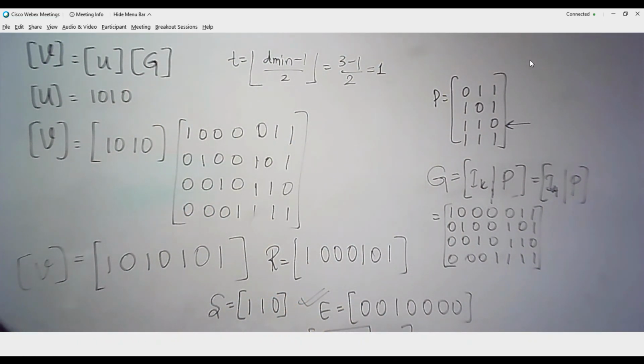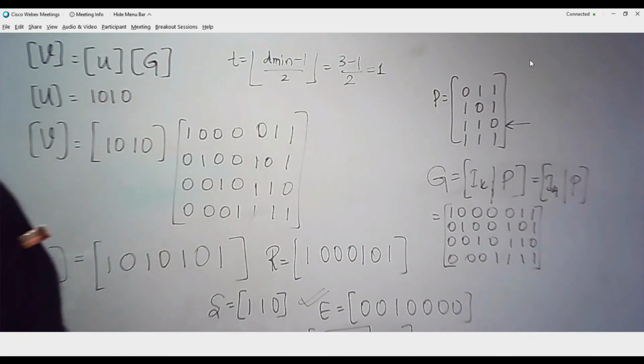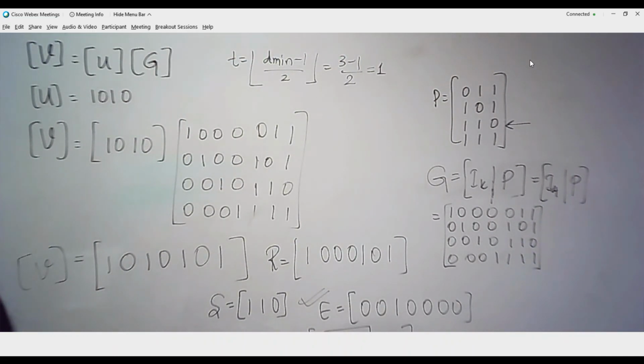So this is how to construct a single error correcting Hamming code. We are going to stop it over here, but we will see the standard decoding procedure, which is much easier when it happens in real time. It is not going to involve so much computation, but rather is even more simplified. That we will see in tomorrow's class.